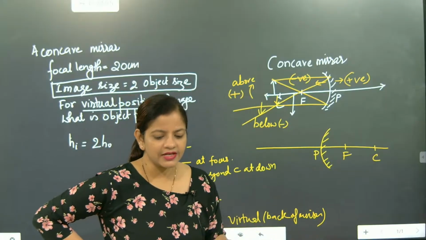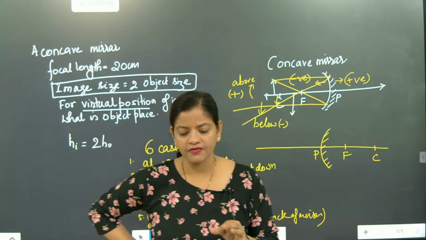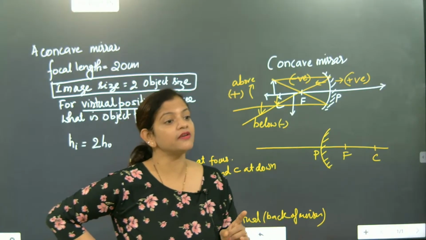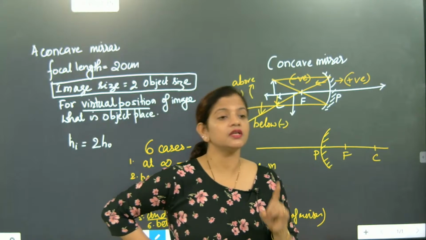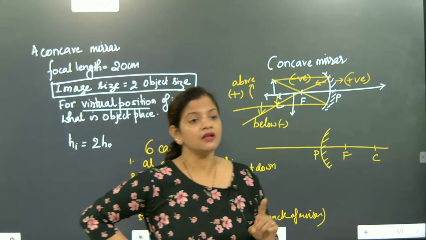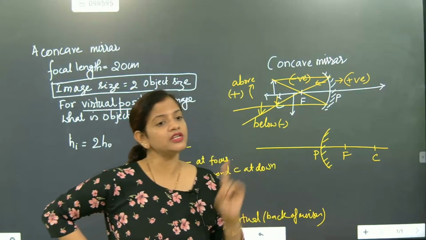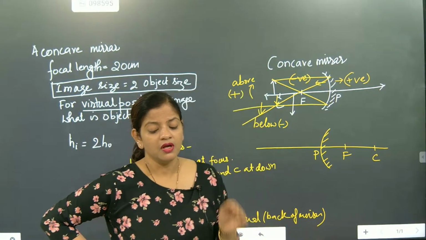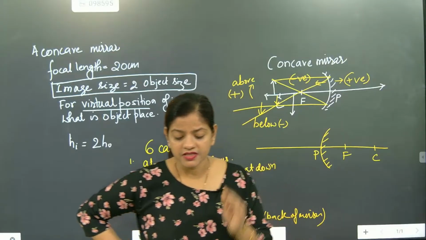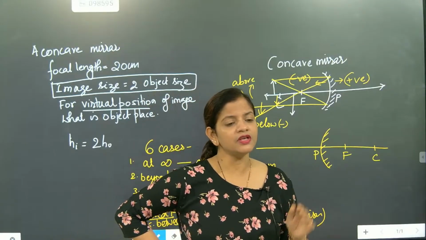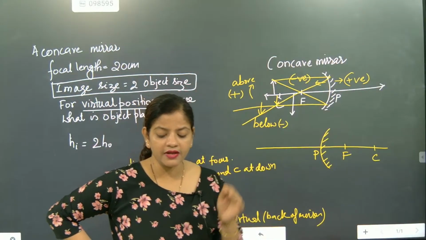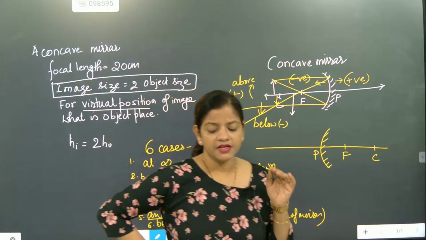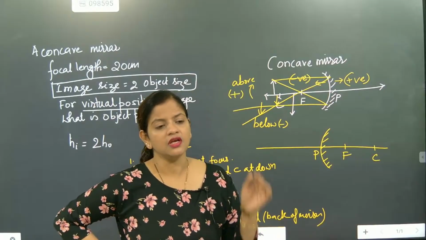I taught very nicely when magnification is negative. Magnification is negative when the image obtained is real and inverted. Again, revise one more time and note down that magnification is negative when the image obtained is real and inverted.